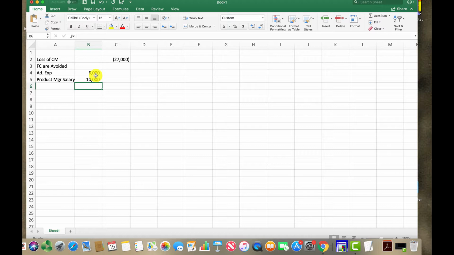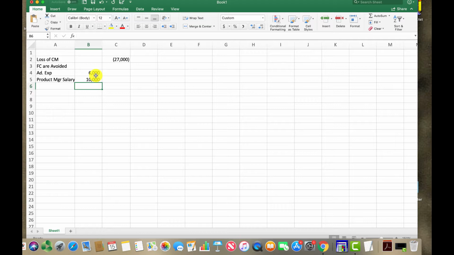The next one that we didn't identify as being avoidable was the allocated common fixed expenses. That makes sense, and here's why. These are fixed expenses that are allocated to each of the product lines. If we get rid of the racing bikes, guess what?